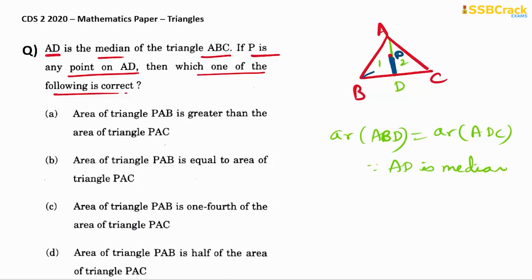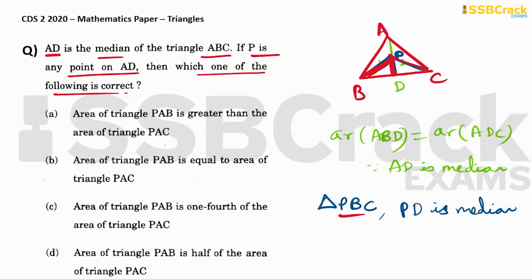If you connect point B with P, and then C with P, you can see that there is a triangle again. What is that? Triangle PBC, and there we have PD as its median. So we understood that by connecting P with B and P with C, there is a triangle BPC, or PBC, where PD is the median.